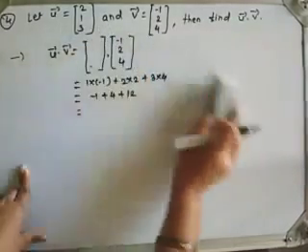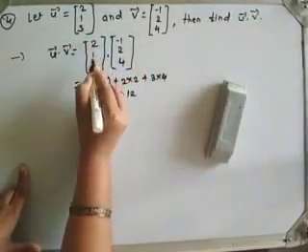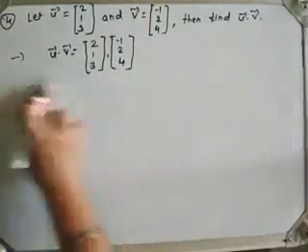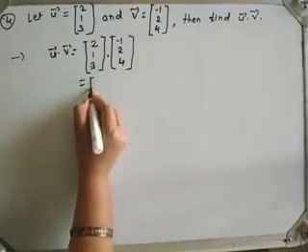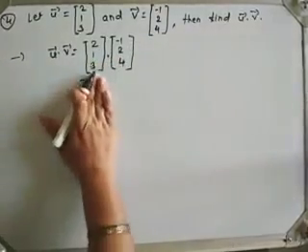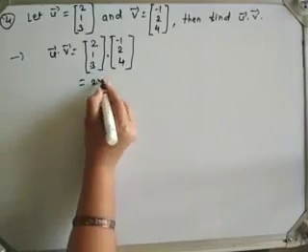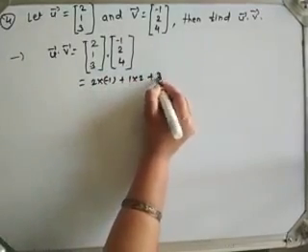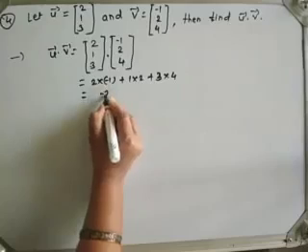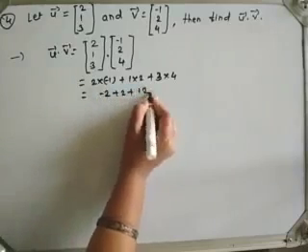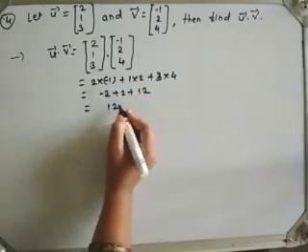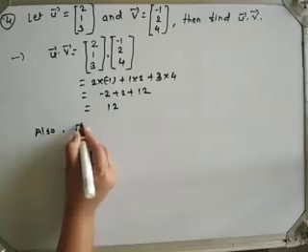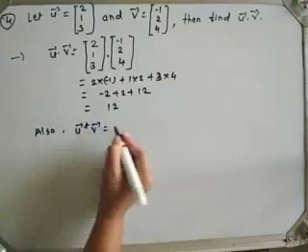Here u bar is 2, 1, 3. So u bar dot v bar is equal to 2 into -1 plus 1 into 2 plus 3 into 4, which is equal to -2 plus 2 plus 12, which is equal to 12. Also, u bar transpose into v bar.